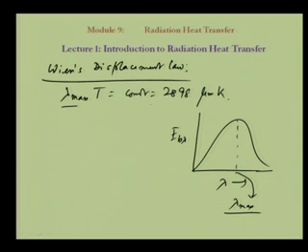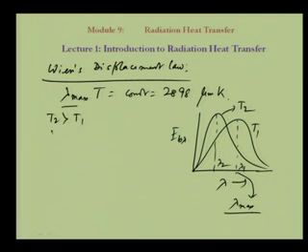So, this is called Wien's displacement law. Why is it called a displacement law? If we change the temperature, say this curve is at a temperature T1, and this other one is at a temperature T2, the maximum happens at lambda 1 for the first and at lambda 2 for the second. If T2 is greater than T1, then lambda 2 will be less than lambda 1.